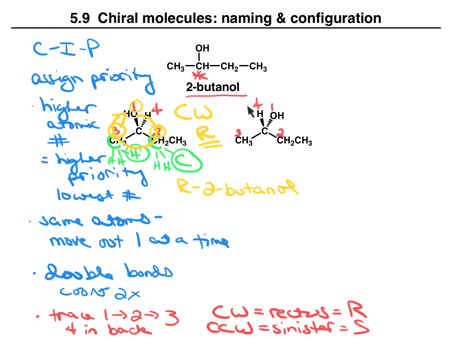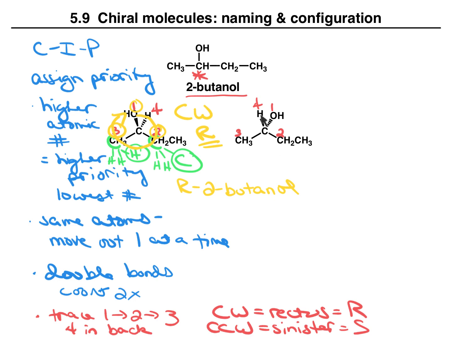But in this case, priority 4 is in the front. So if our lowest priority is not in the back, we have a couple of options. One is that we can manipulate the molecule to put the lowest priority back. So this is why I have you practicing how to manipulate molecules.